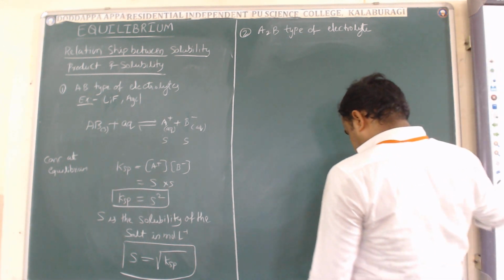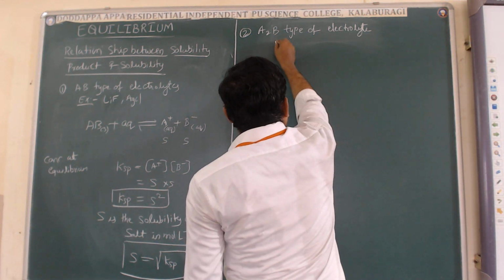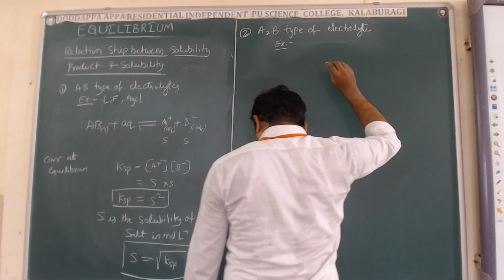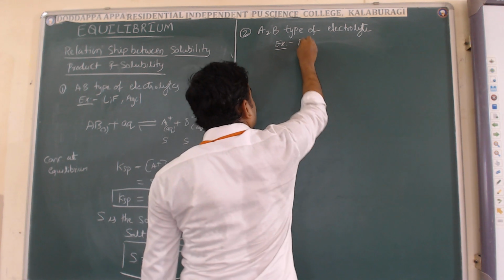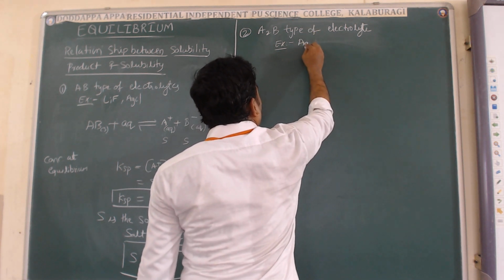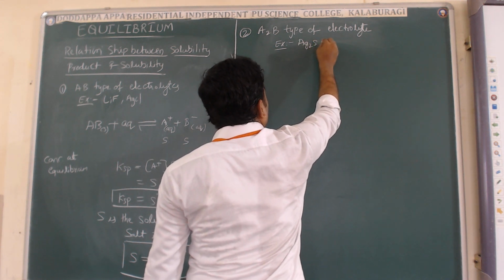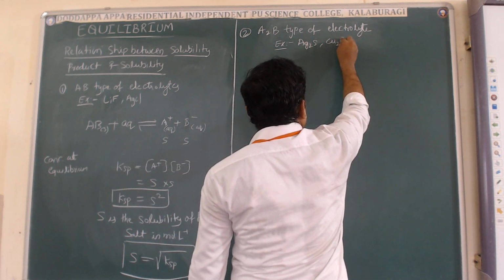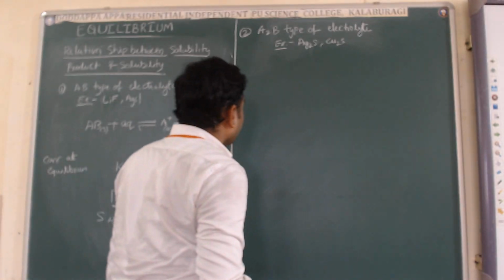The examples for the A2B type of electrolyte are Ag2S, and another one is Cu2S, copper sulfide.